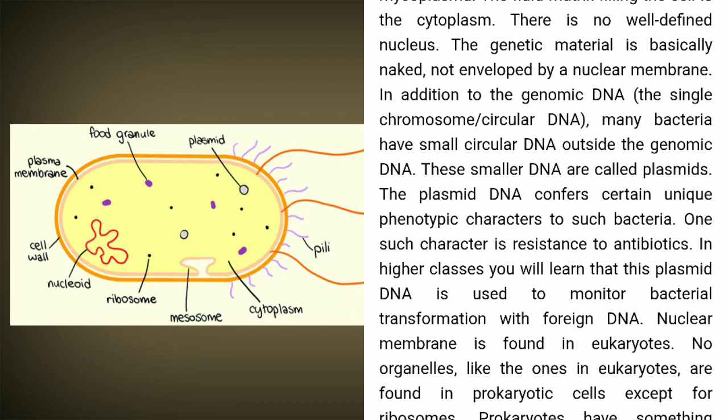Now, in a prokaryotic cell, the DNA also comes in a circular structure, which is called the plasmid, a specific character of prokaryotic cells.